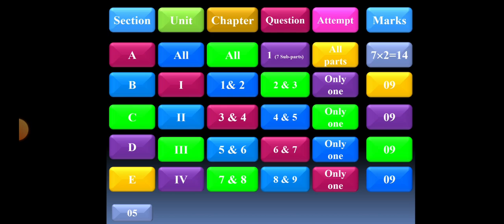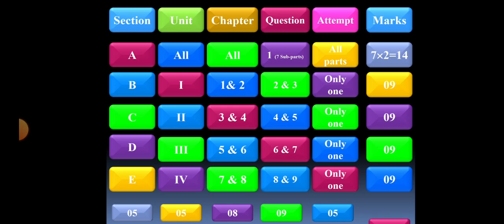So in nutshell, we have 5 sections in question paper out of 5 units, and in total these 5 units contain 8 chapters, and in total there are 9 questions in question paper, and we have to attempt 5 questions, in which question number 1 contained in section A is compulsory. So this paper is of 50 marks. I am talking about only of theory paper.